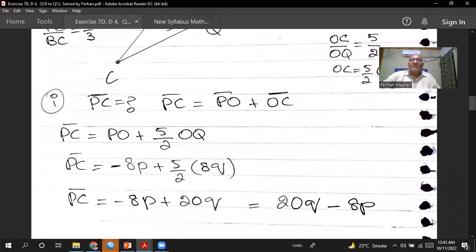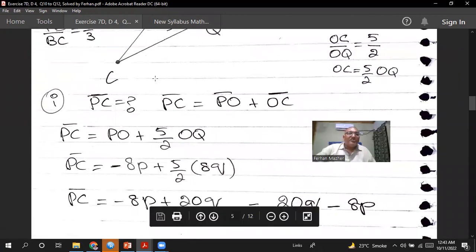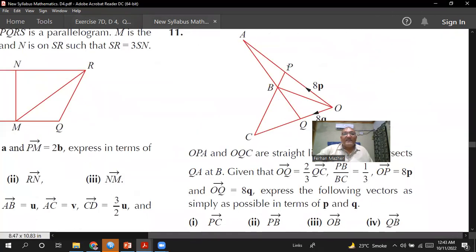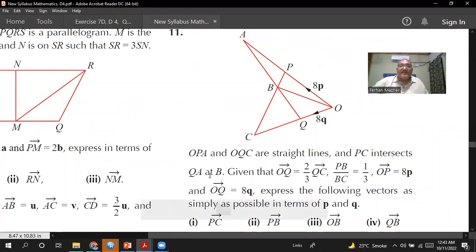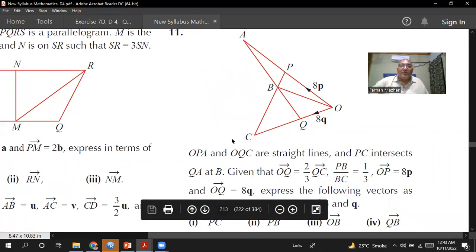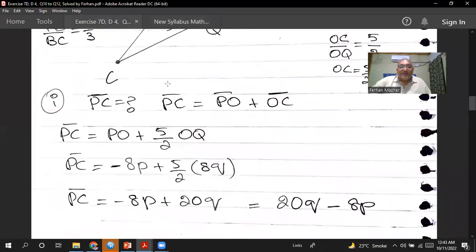Okay, so let me show you. So the PC is the main question. For PC, I will go from P to O to C. Okay, that's the bypass I'm working on. So I will go from P to O and from O to C. So PO plus OC, I don't know the value.